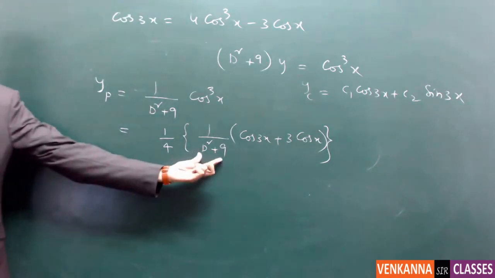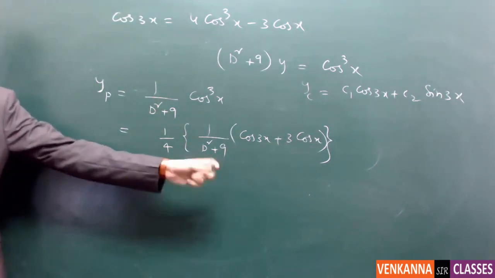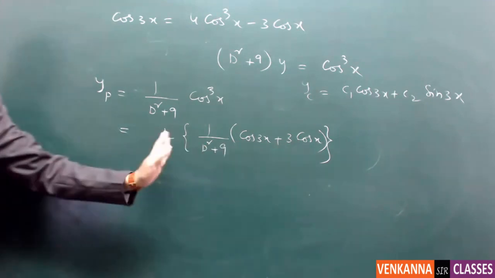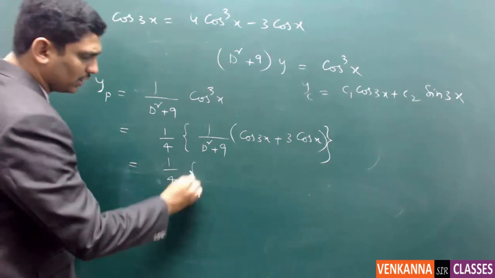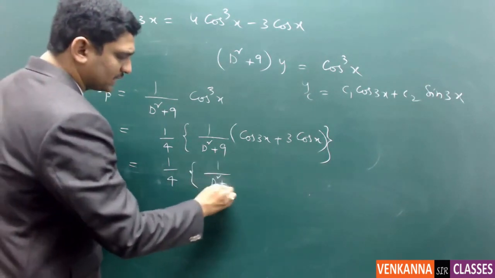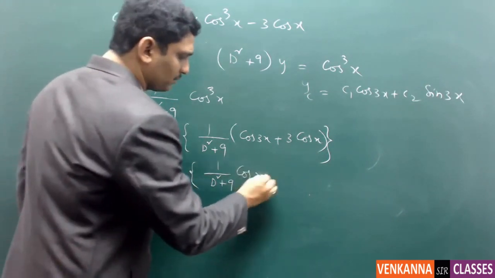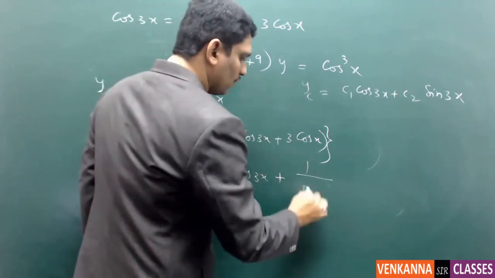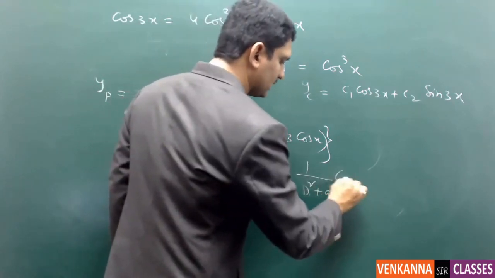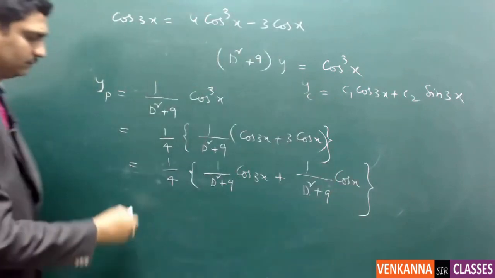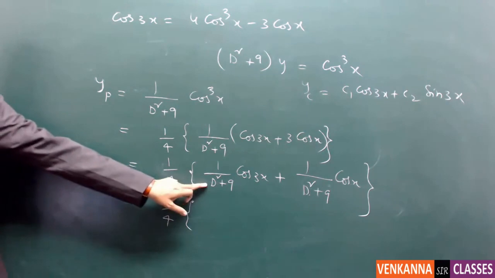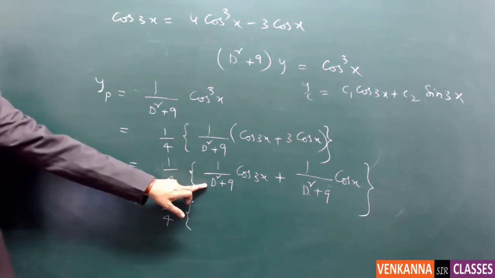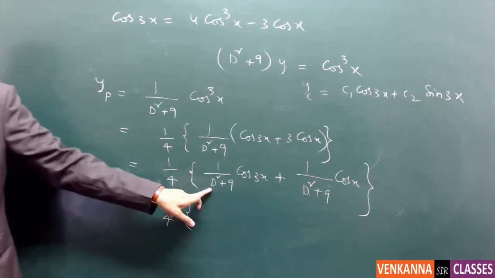Now, this denominator belongs to both the functions, so apply individually. So 1 by 4 into [1 by (D square plus 9) cos 3x plus 3 into 1 by (D square plus 9) cos x], which gives, now here if you replace D square with minus 3 square, the denominator gets undefined.